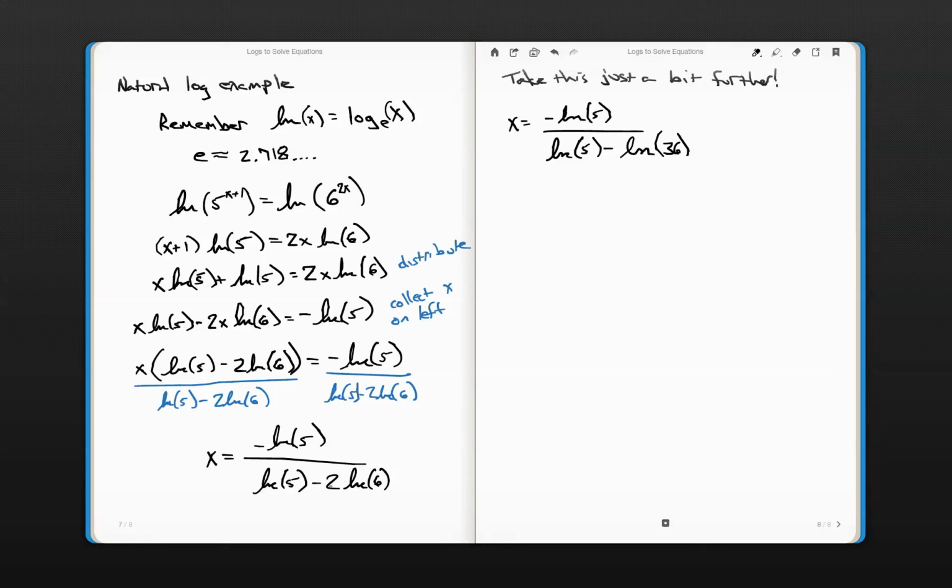And that rule works both ways. So 6 squared is 36. And this equals, I'm going to use another property, negative natural log of 5 divided by, I'm subtracting logs here, that's the same as dividing the numbers. So this becomes the natural log of 5 over 36.